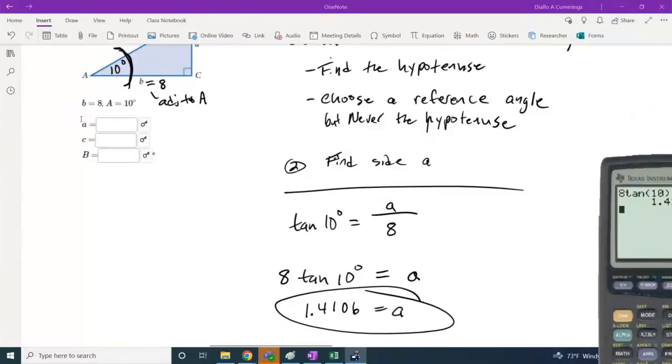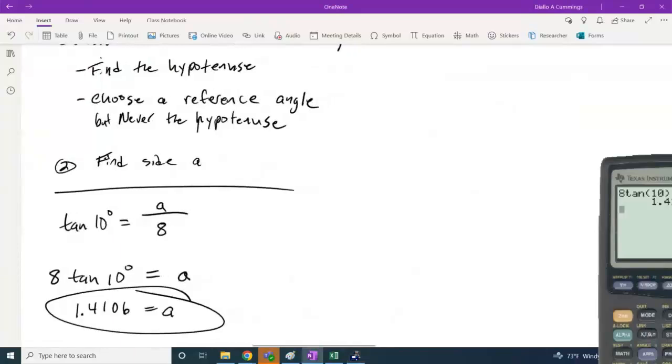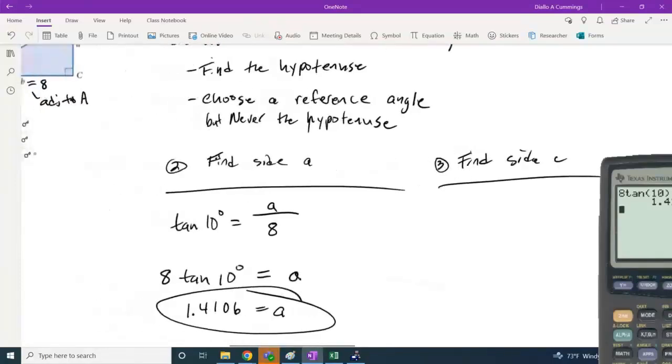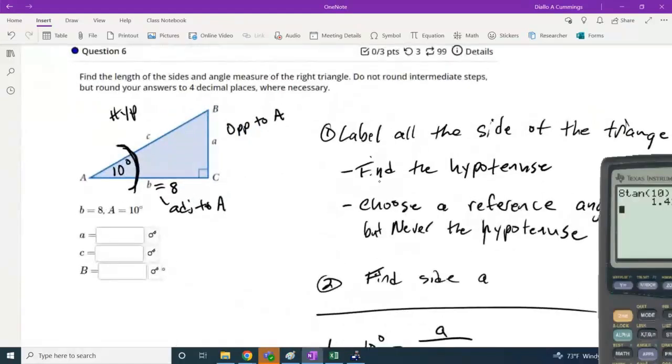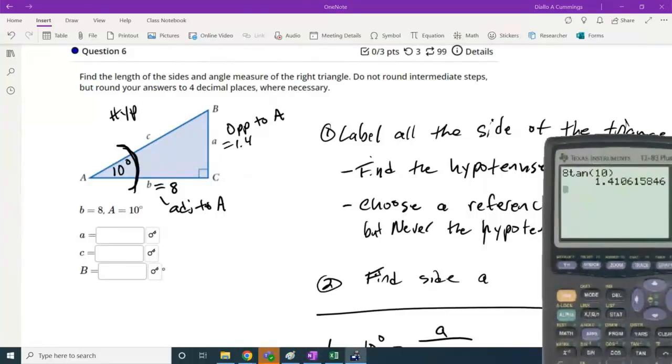Now let's find side C. All right, so A is 1.4106.